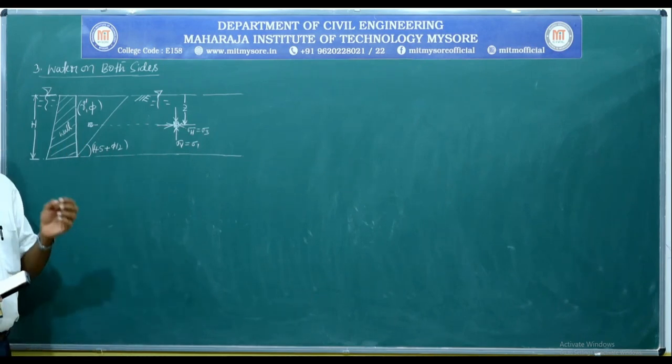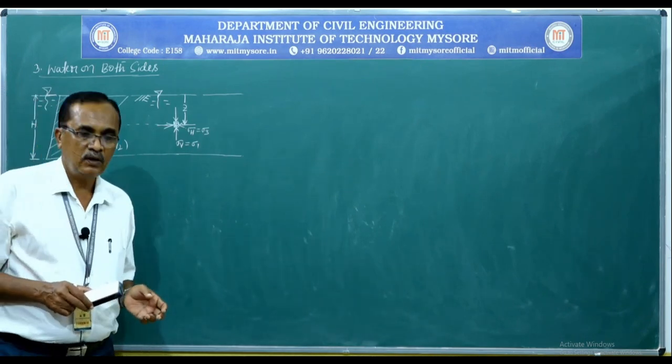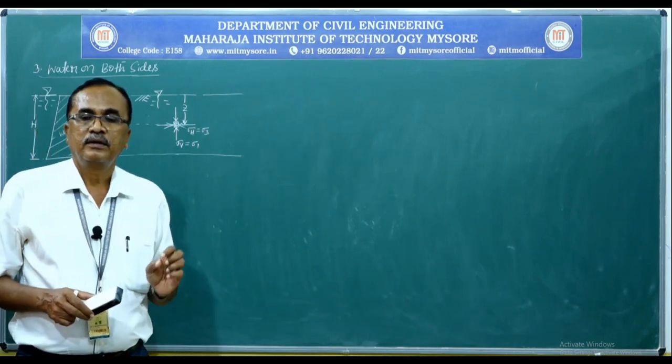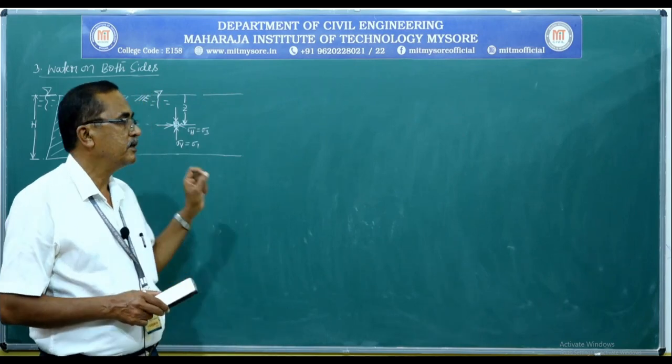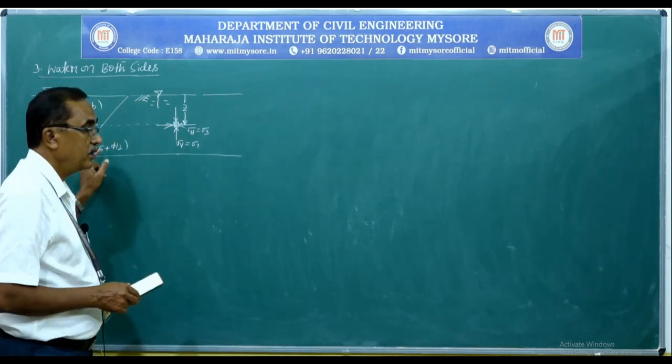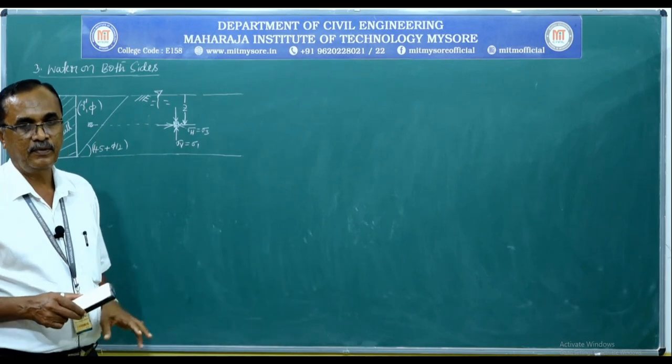Means when water is there on both the sides of the wall, no need to consider the earth pressure due to water. Only we have to consider the earth pressure due to submerged weight of soil for normal conditions.